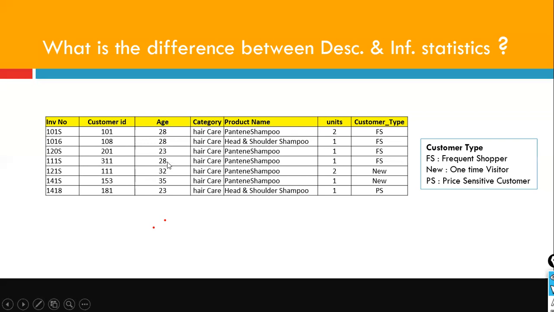Within Orange County, they've given sample data of 3, 6, or 7 people, randomly. They sampled it and gave this data to us. If they ask you the descriptive question, what is the average age of frequent shoppers, you can say 26 or 27, right? You can say that way.